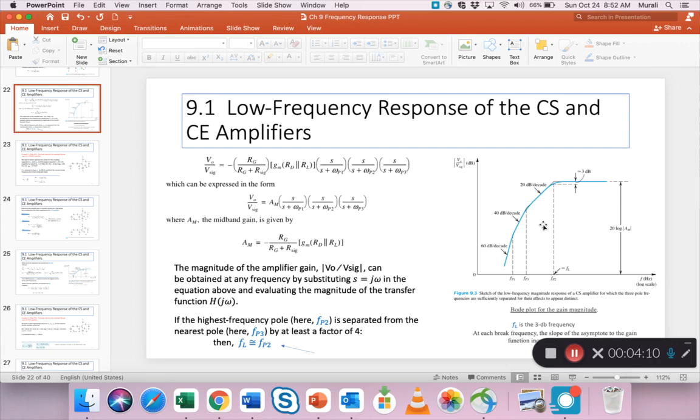If you have above 100, you're okay. Then the cost of your capacitance may be lower, because one rule is that the capacitor value is inversely proportional to the frequency. So the lower you want to go, the larger the capacitor, which means the more expense you'll see.